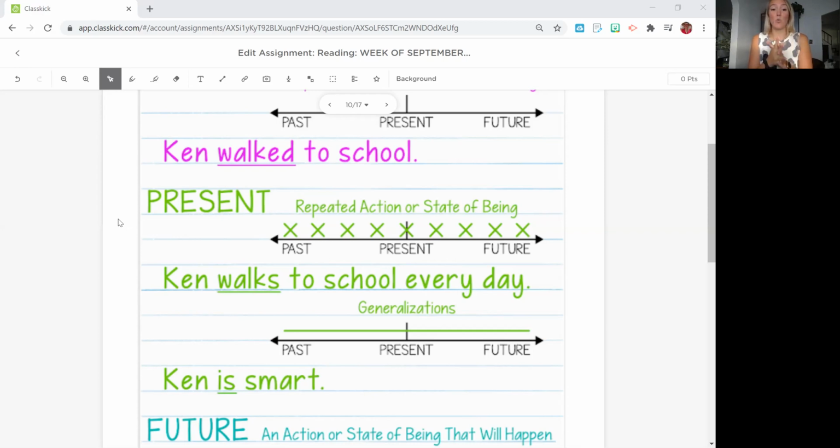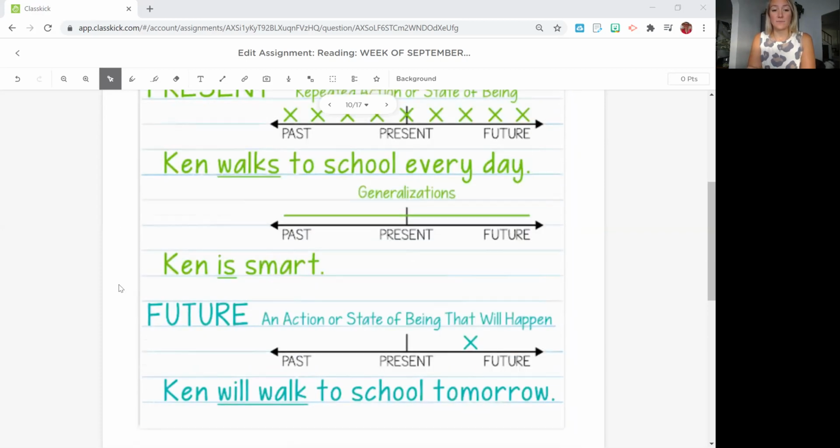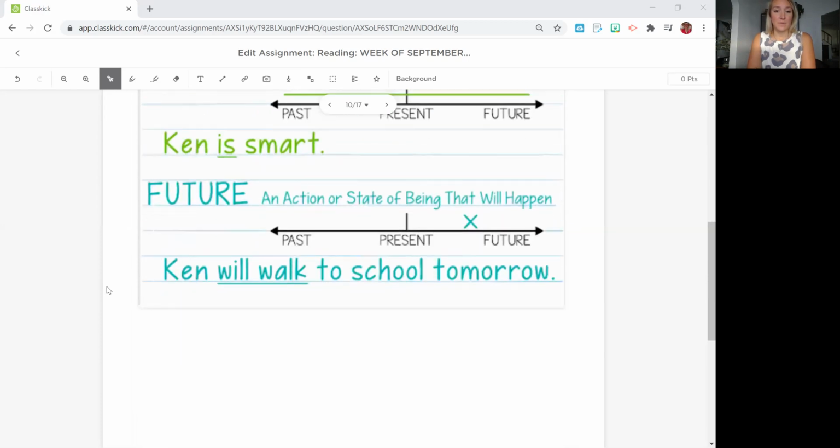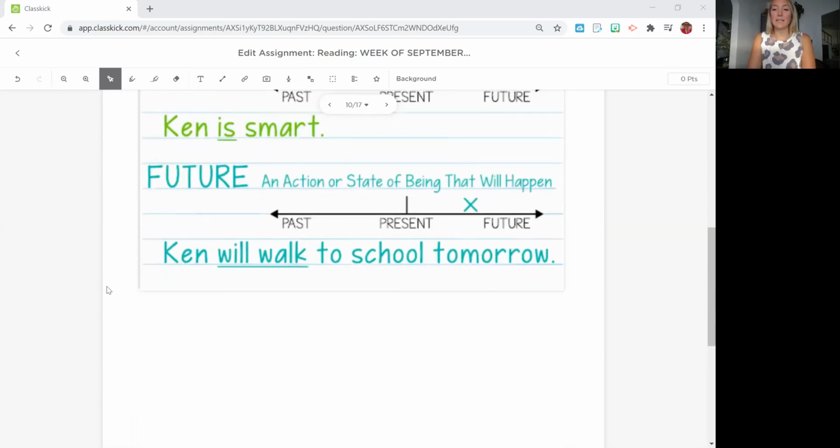So Kent walks to school every day. Our root verb is walks. We can use the linking verb is for more general things that they do. Kent is smart. We'll look into linking verbs a little bit more this year later on.